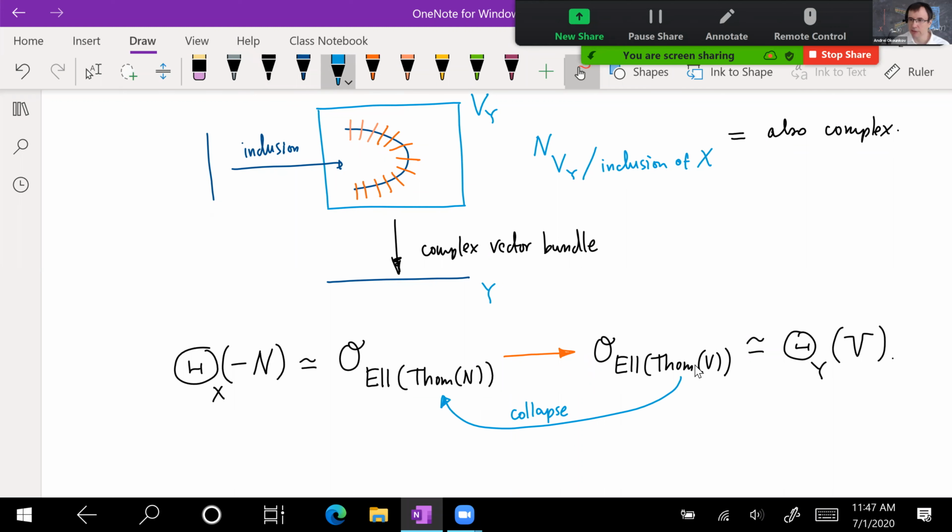So this is the picture. Everything which does not fit in the neighborhood of X, I can collapse to a point together with the boundary of that neighborhood. I'm going to get the Thom space of the normal bundle.